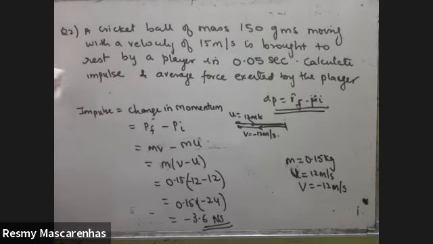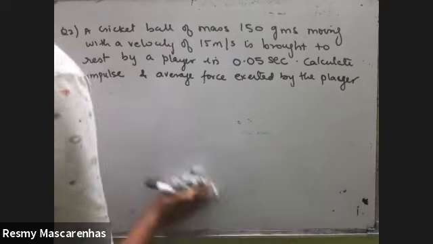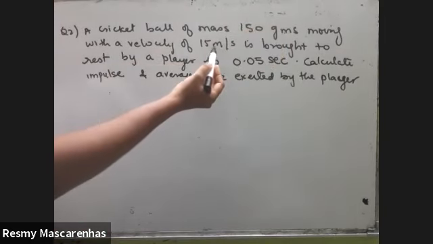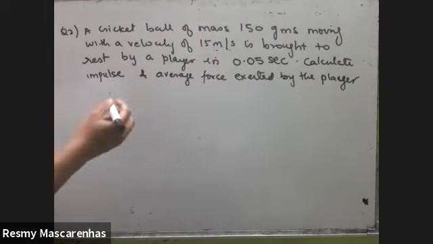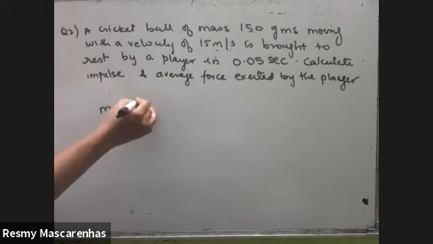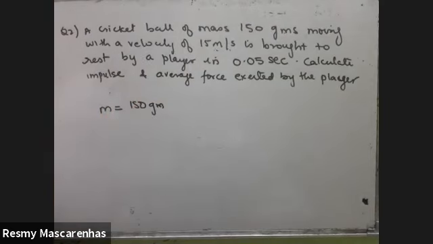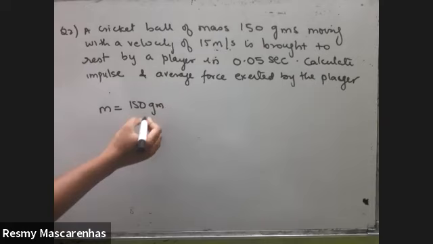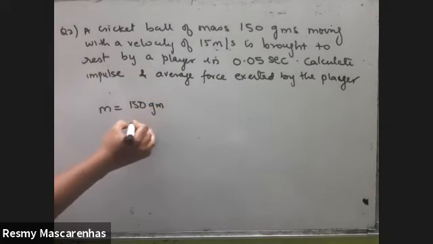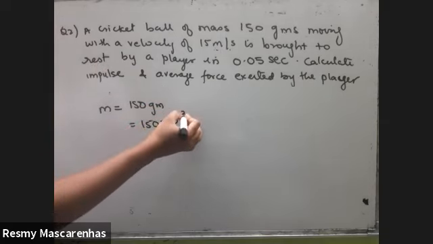So what all data has been given, we'll write. So cricket ball of mass 150 grams. Now you see, the question is given in terms of grams and the rest all are in standard units, meters per second and all. So mass we have to convert to standard form, that is kgs. So grams into conversion, 1 gram is what? 10 raised to minus 3. That will be equal to 150 into 10 raised to minus 3 kg.